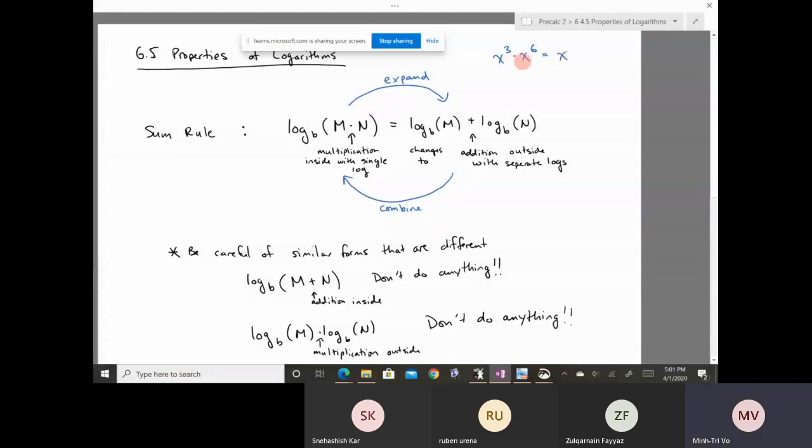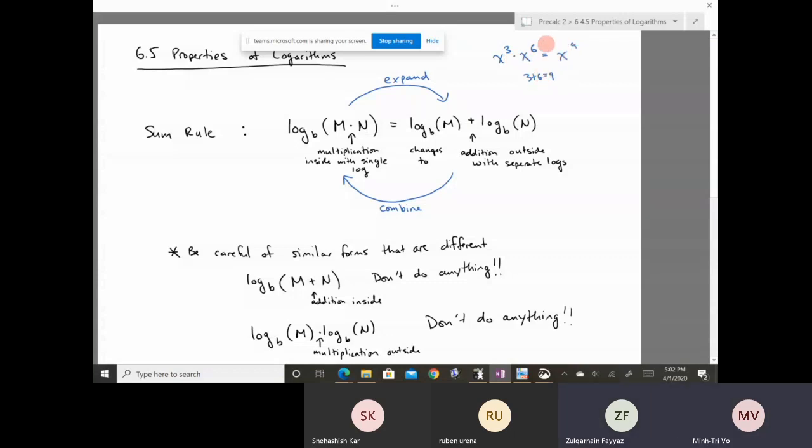The rule for combining the exponents is adding them. So 3 plus 6 gives you 9. That's the rule for exponents: it changes multiplication into addition.